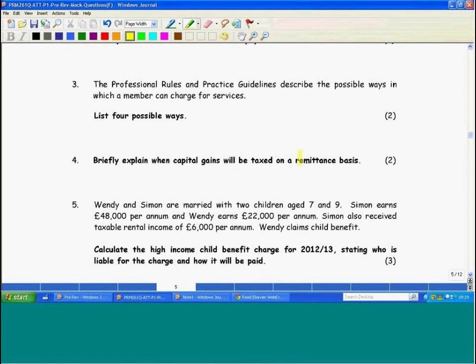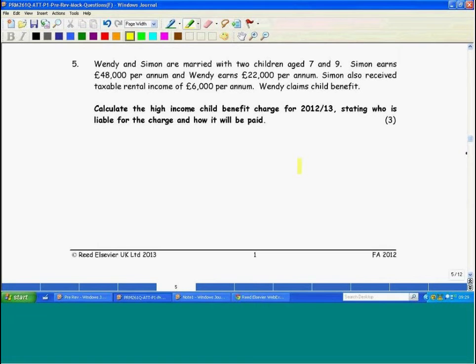Now, the first question I will go through in full detail is question number 5, because it's a very new topic for us in terms of the 2012-13 syllabus, and this is the child benefit tax charge. If we have a look at question number 5, we're told Wendy and Simon are married with 2 children, aged 7 and 9. Simon earns $48,000 a year, Wendy earns $22,000.